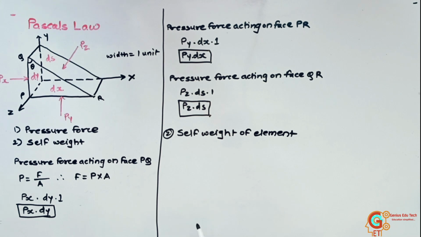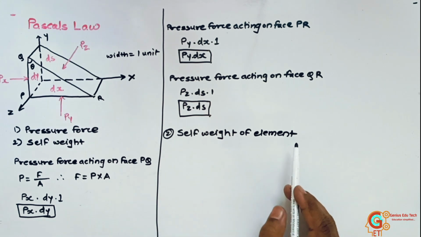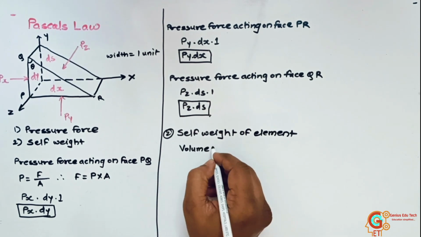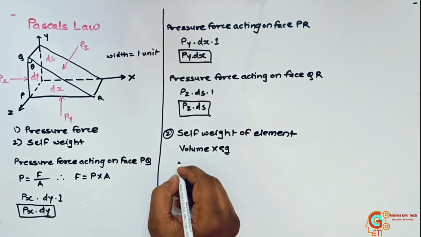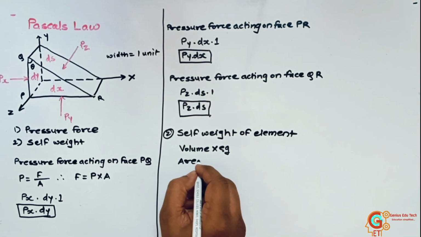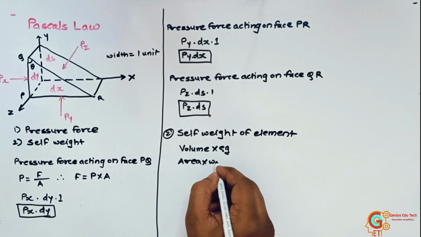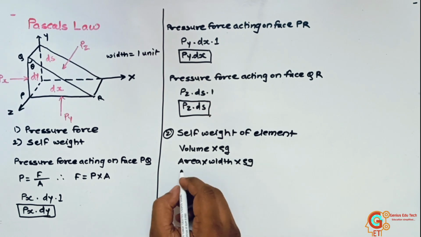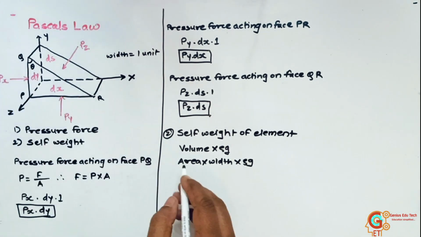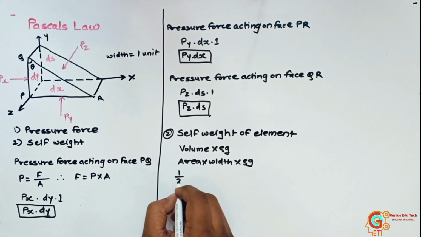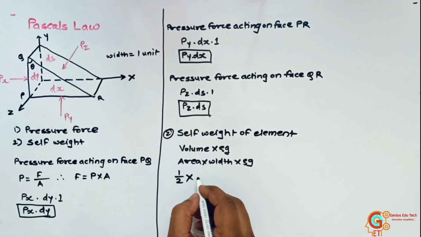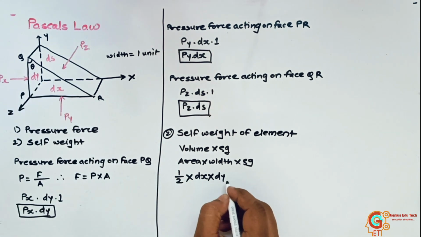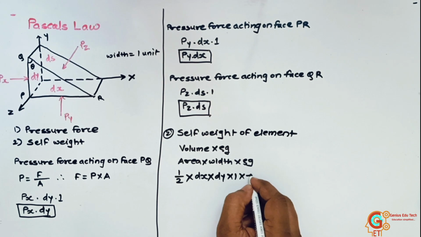Now let us move to second part, that is self weight of the element. Self weight is given as volume into rho g. Volume is area into width into rho g. Now area, you can see this is wedge shape element, so area will be area of triangle, half into base is dx and height is dy, width is unity into rho g.